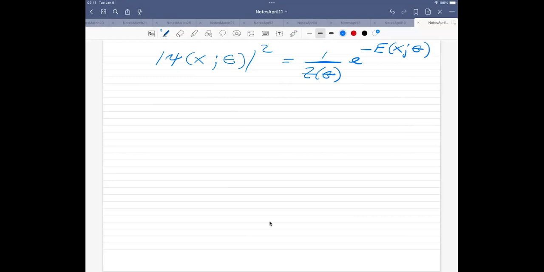Now we have a sum over the hidden nodes. So Z is a normalization constant, but we are actually summing over all the possible hidden layers or hidden nodes. So I'm just going to write it like this. And this function will then be a function E of X, then I have the hidden nodes, and then I have the parameters theta.